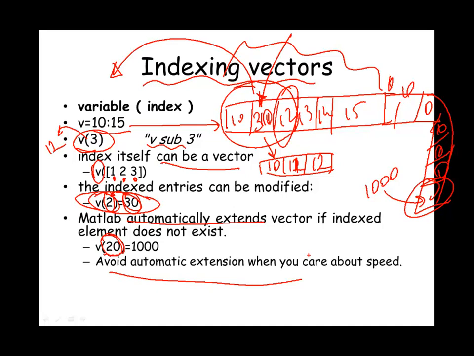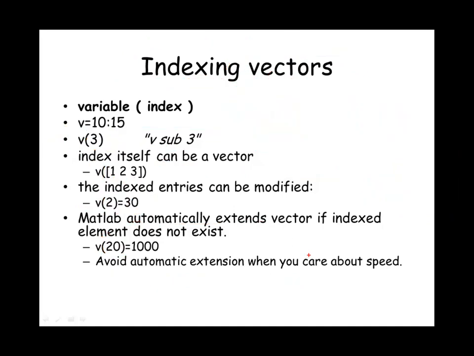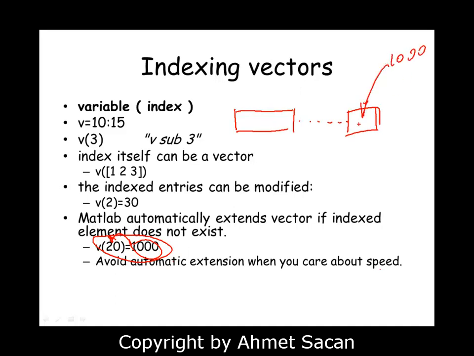Now, there's a difference between storing into a non-existent entry, such as in this example, and reading from a non-existent entry. When you try to store into a non-existent entry, MATLAB will automatically extend your vector to have the appropriate size and store the number that you are trying to store in that element.